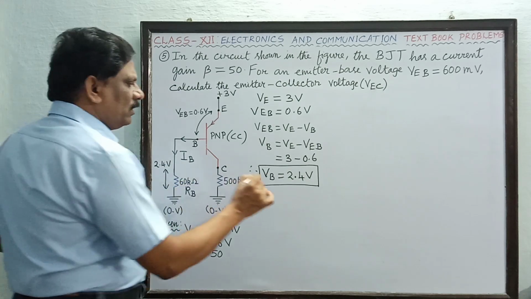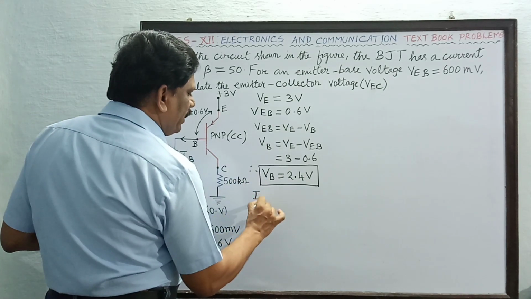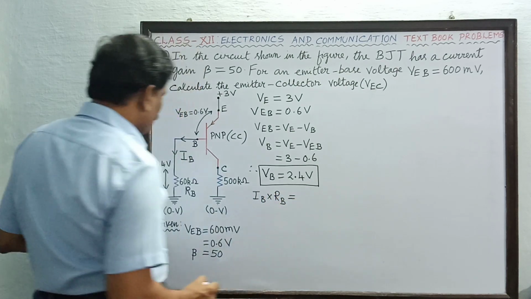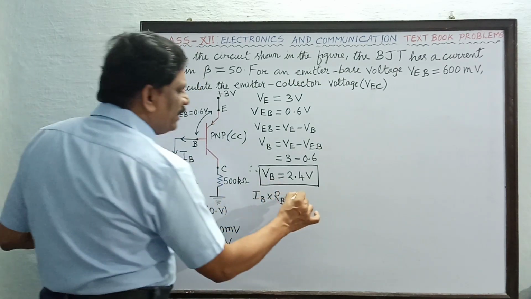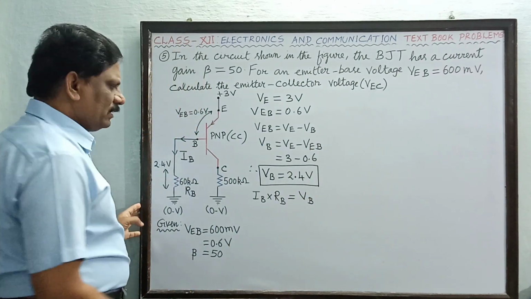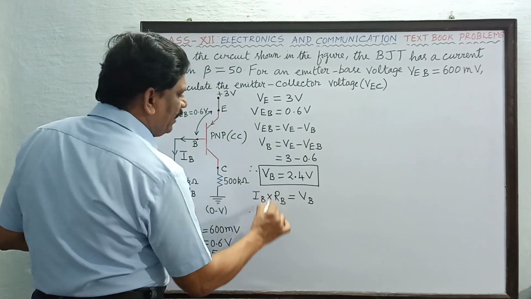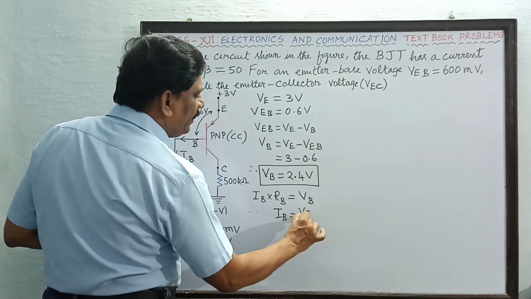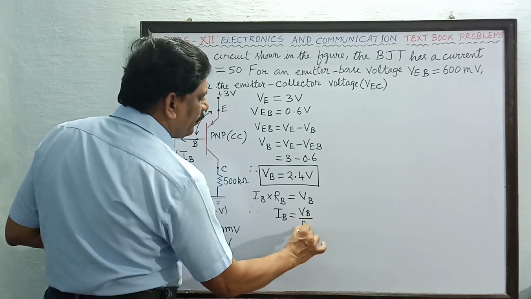So IB into RB is equal to VB. Therefore, the base current IB must be equal to VB divided by RB.